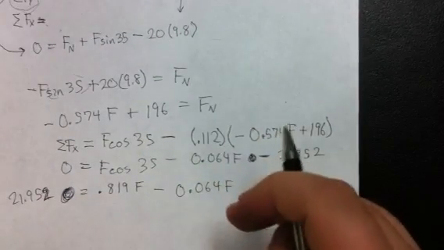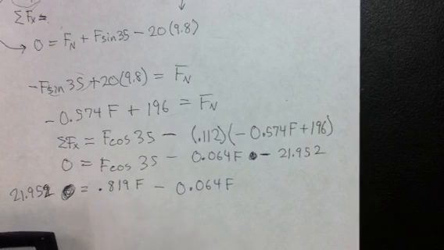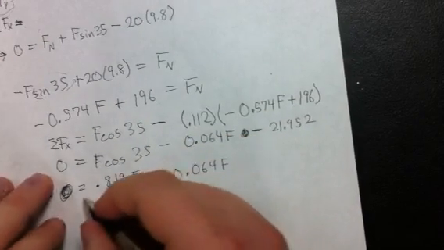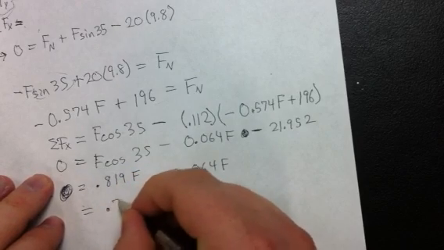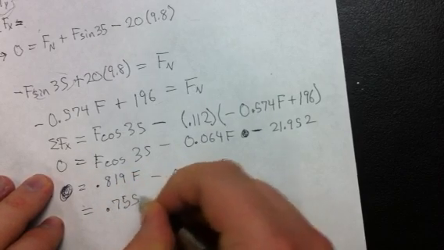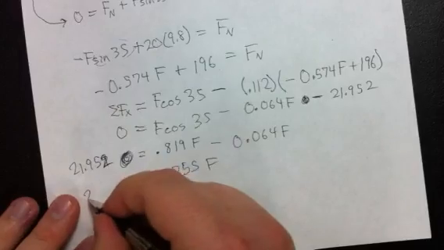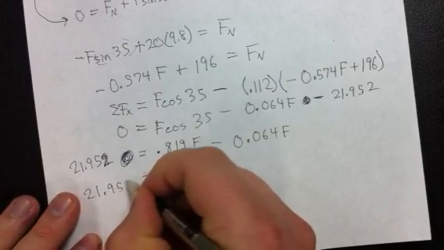So adding these coefficients together, or actually subtracting them in this case, 0.819 minus 0.064, gives us 0.755, sorry, times the force is equal to 21.952.